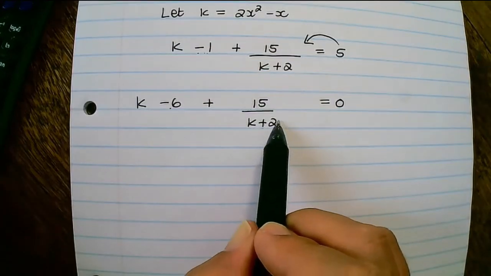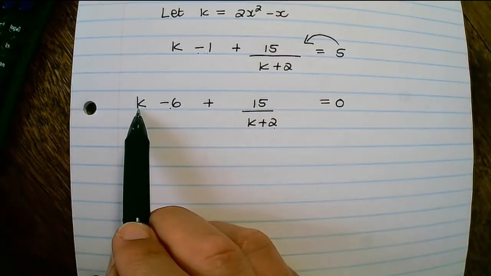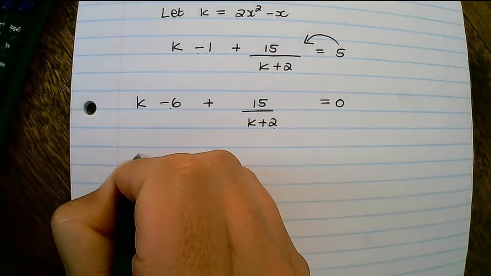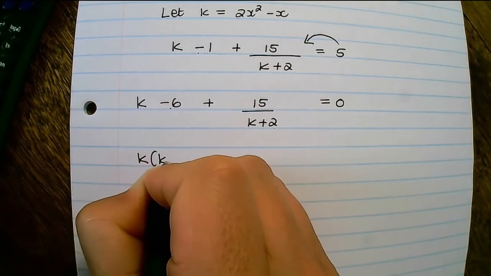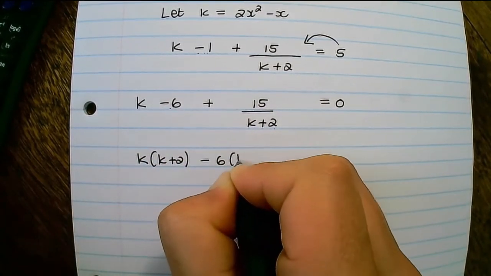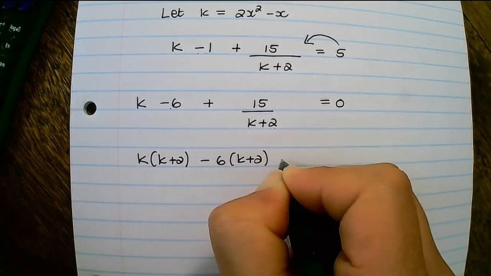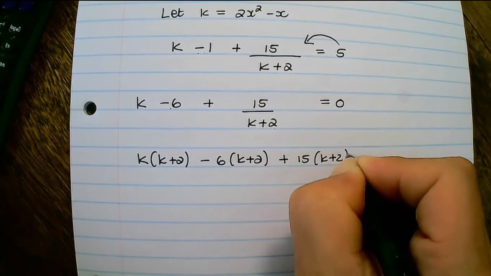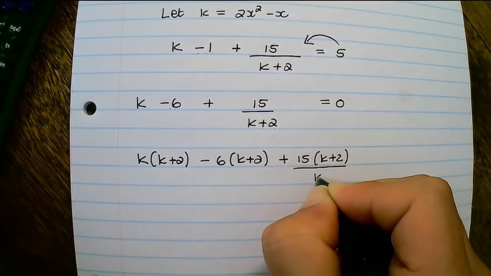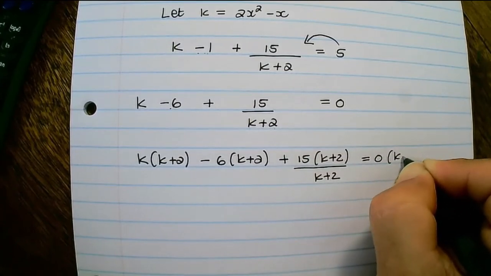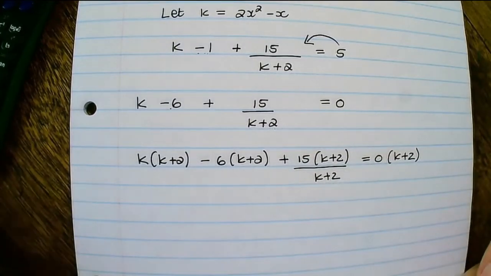Now in order to remove the fraction, I multiply everywhere with the denominator of k plus 2. So it's k times k plus 2 minus 6 times k plus 2 plus 15 times k plus 2 over k plus 2 equals to 0 times k plus 2.